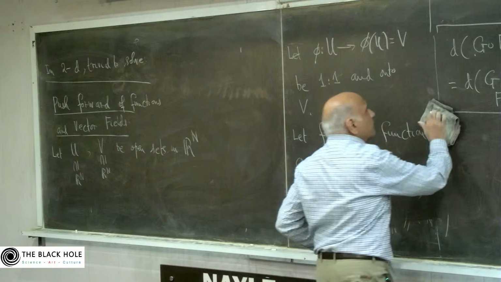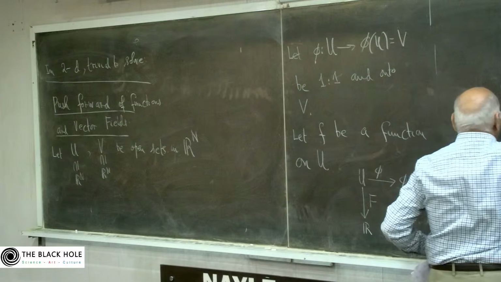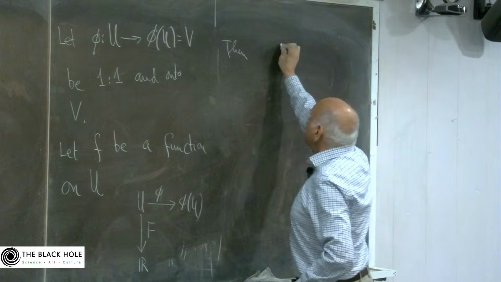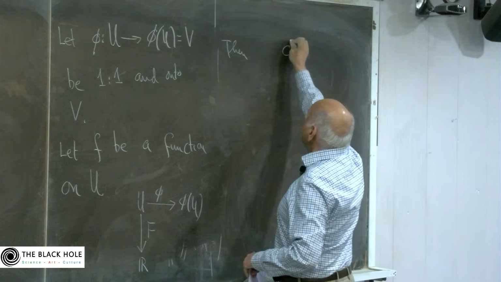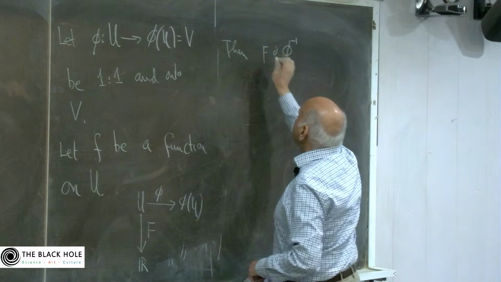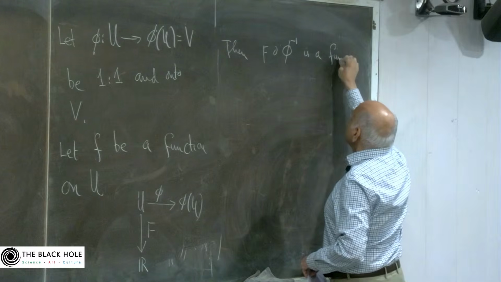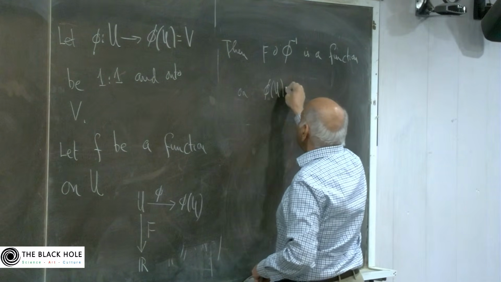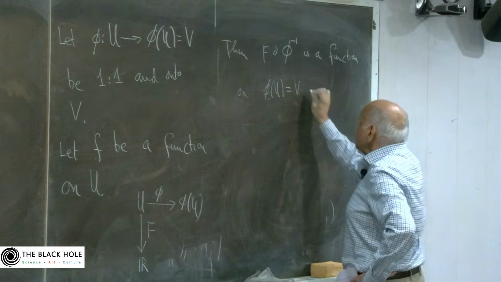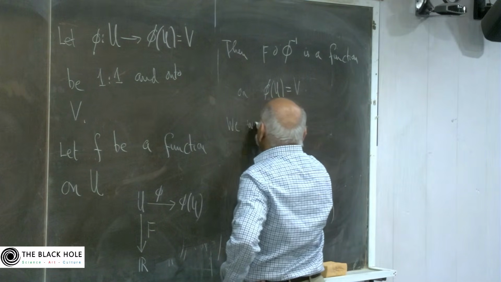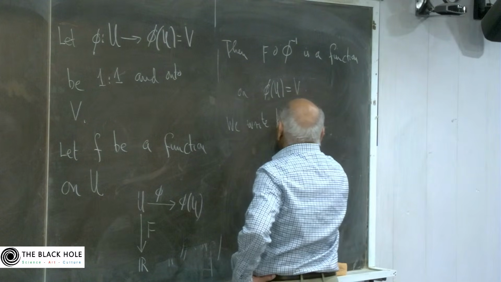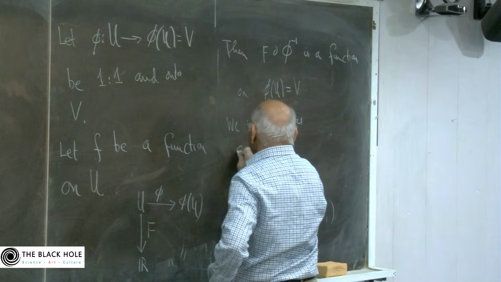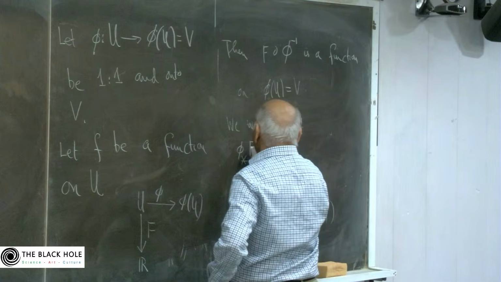Then phi inverse composed with f is a function on phi of U, which is of course equal to V, and we write this as phi lower star f.